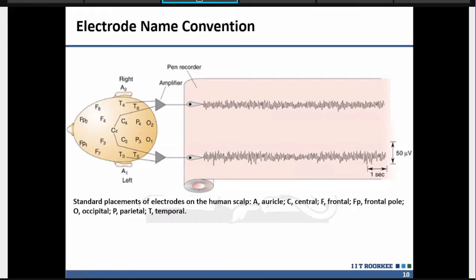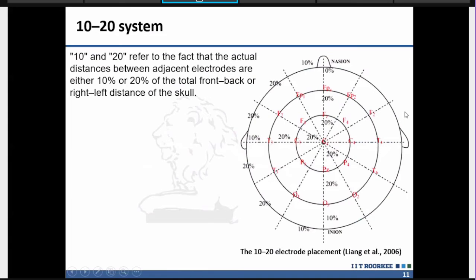And for each electrode, we get some signals, according to the brain's neural activity. Another international standard is for the placement of those electrodes.